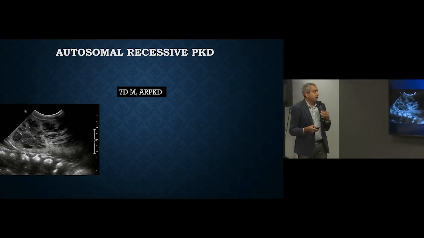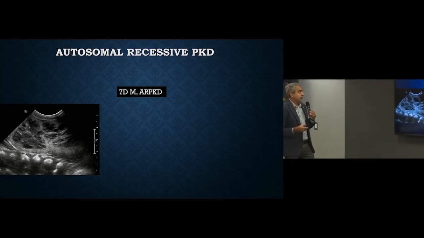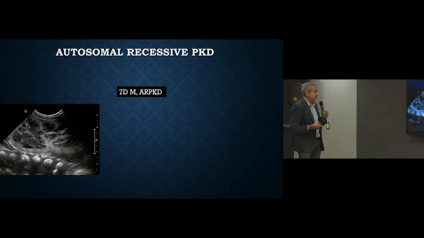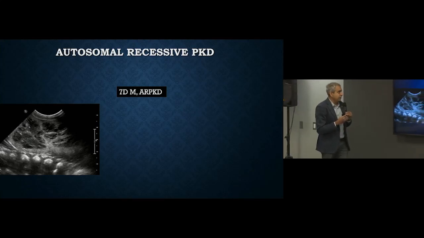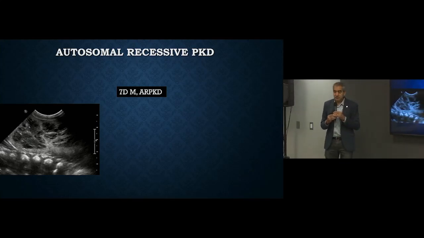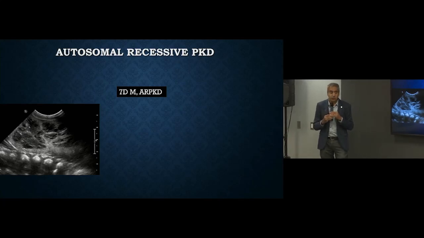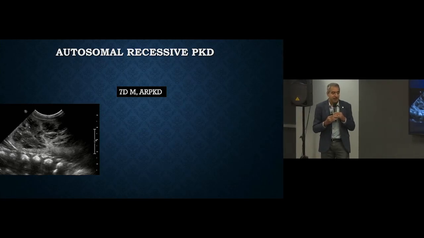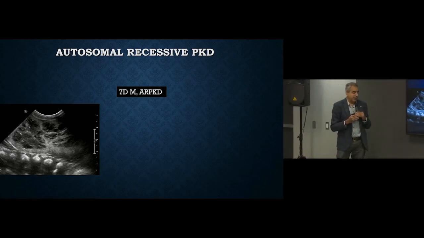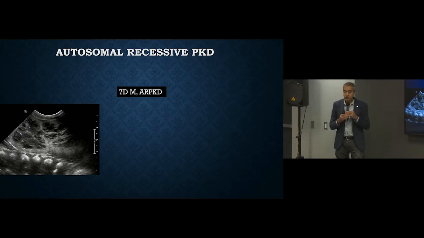One of these is autosomal recessive polycystic kidney disease, and here we often recognize this disease in patients in utero. When pregnant women go for their anatomy scans around 18 to 20 weeks, we start identifying changes within the kidneys.